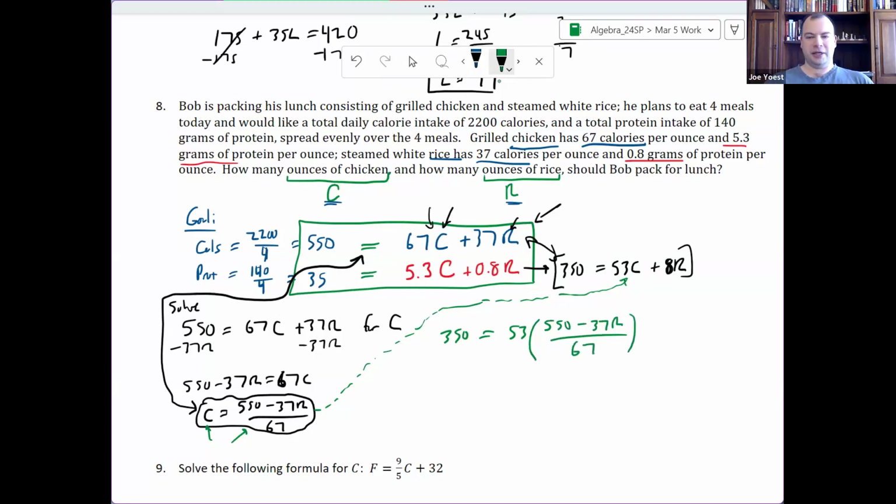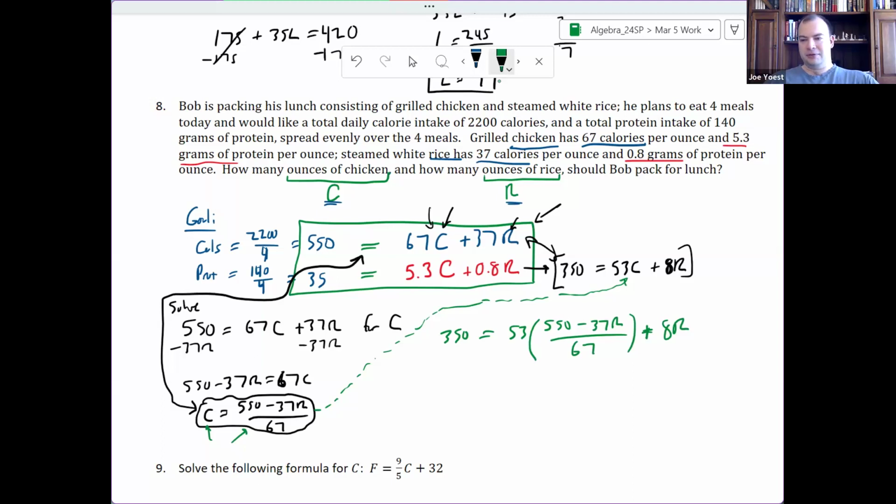Not the prettiest, but it is what it is. This is the downside of using actual real life numbers and actual real life scenarios, is that sometimes the numbers aren't as pretty and nice as they are in the made up ones.